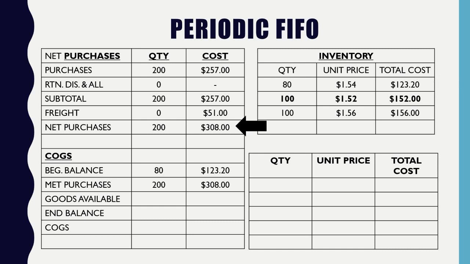We're going to carry down our net purchases of 200 items at a total of 308. Now, this is where we're going to use that formula where we calculate our total goods available, which in this case, I'm going to add my beginning inventory plus my net purchases to get me my total goods available.